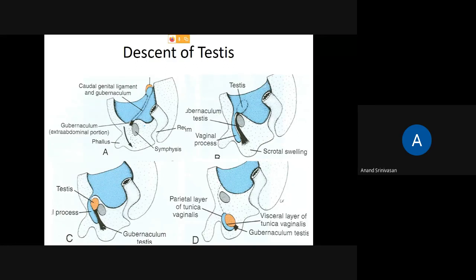In Dr. Kumar's book, he has mentioned external spermatic fascia and internal spermatic fascia. Those are nothing but the derivatives of these aponeuroses, which cover the testis.